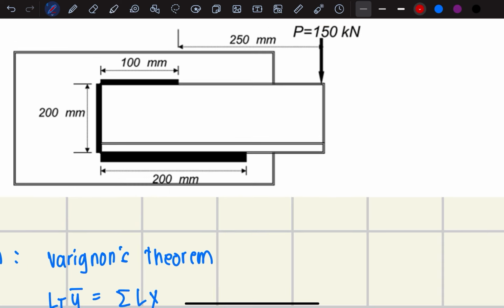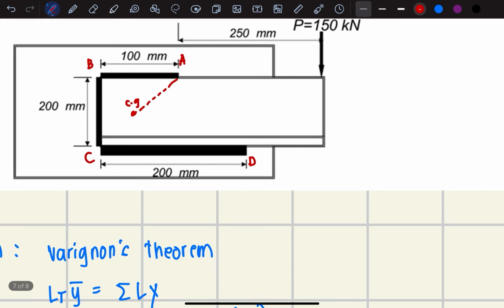So, di ba sabi sa criteria, pipiliin mo yung critical pagka malayo siya sa centroid. Diba ito yung edge A, B, C, D. Ito yung centroid. So, pwede yung A at saka B.